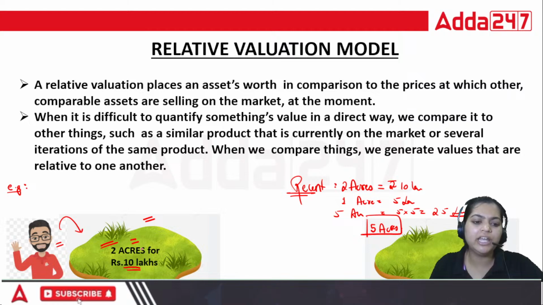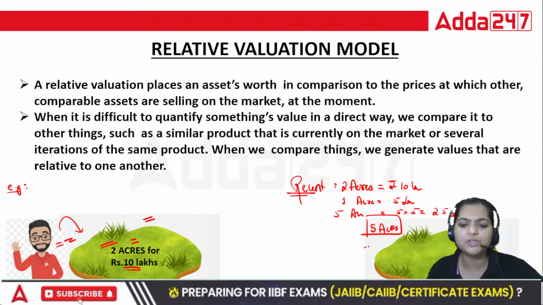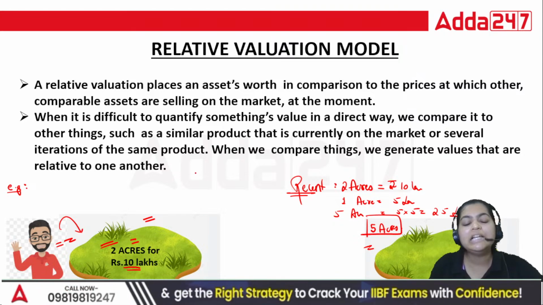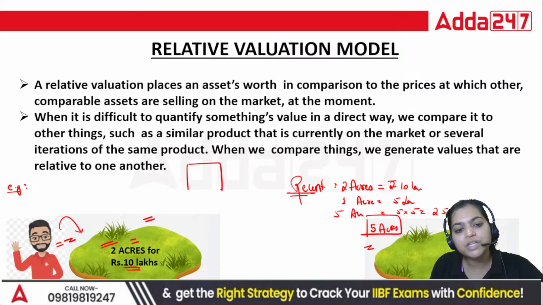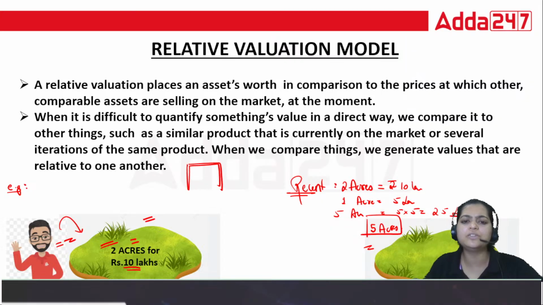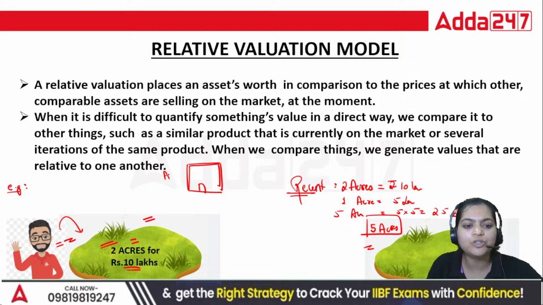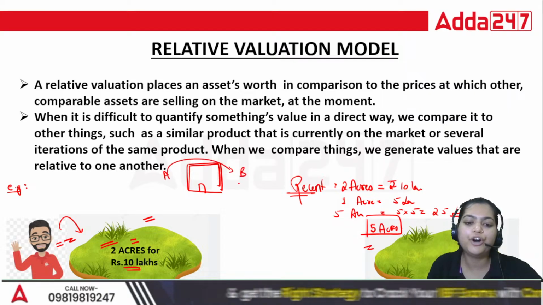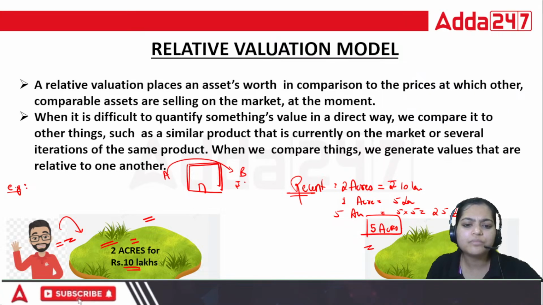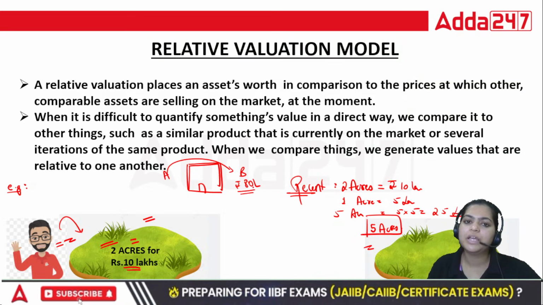Now let's take one more example. Okay, let's say here this land, and I am also selling my 5 acres land. Now there is one building. Okay, and this building is also nearby my land only. And let's say this building recently sold from Mr. A to Mr. B for, let's say, 80 lakhs. So what do you think?